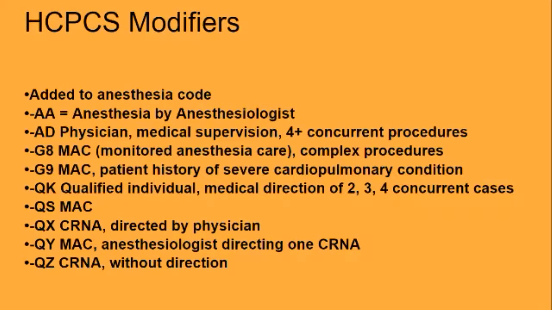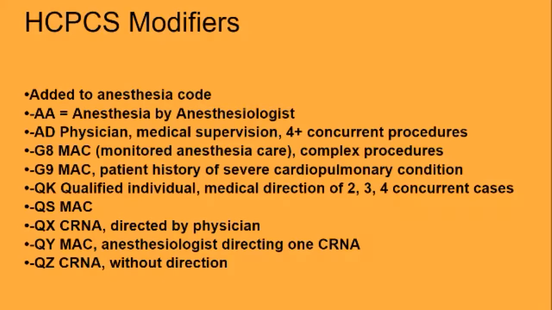So I want to talk about some HCPCS modifiers. Now you can find these in your HCPCS manual, and I don't have it out to tell you what page, but they are in there. Hopefully you actually labeled your modifiers in your HCPCS so that you can go and look for these. But you're going to have AA, anesthesia by anesthesiologist, and they go all the way down.